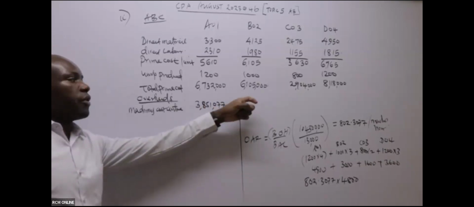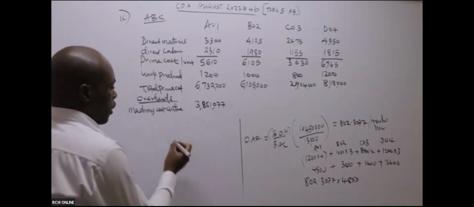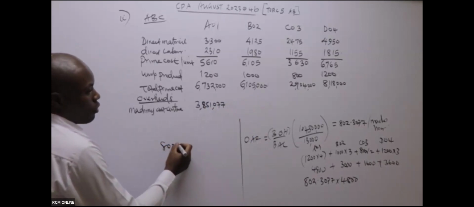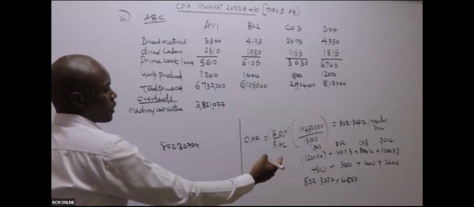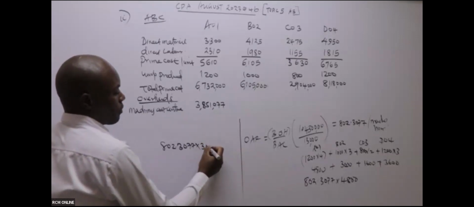Good. How about B2? We take the overhead absorption rate, that is 802.3077 multiplied by total machine hours for B2, we have 3,000.